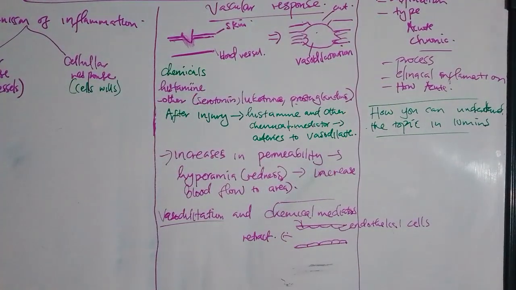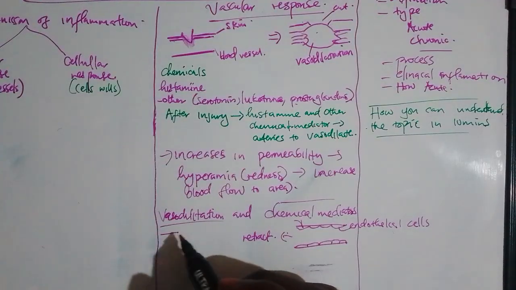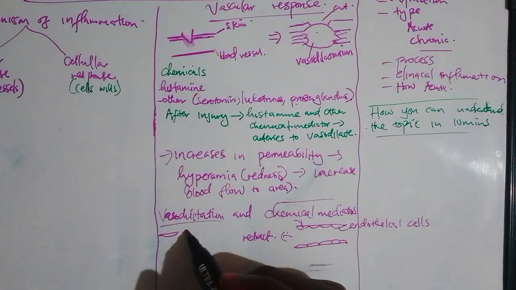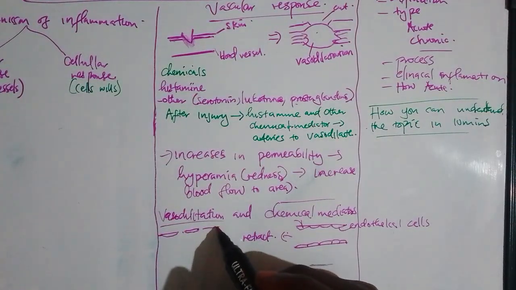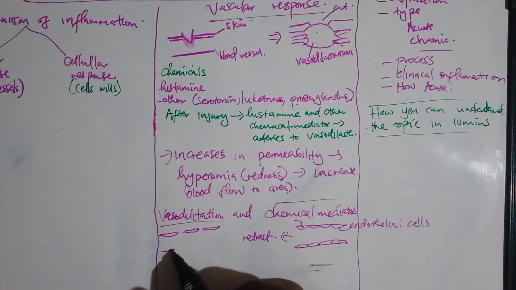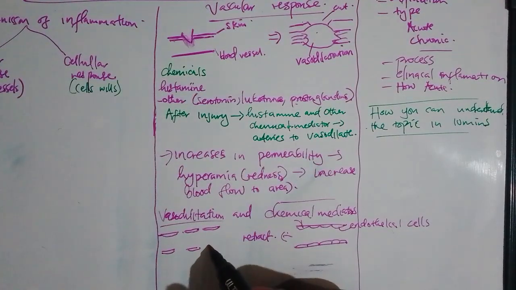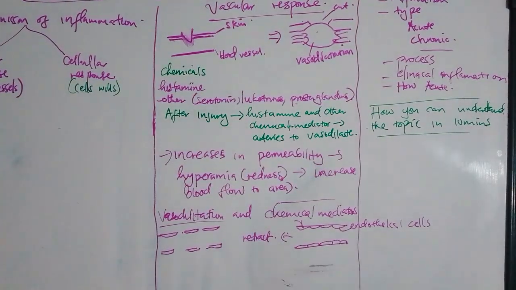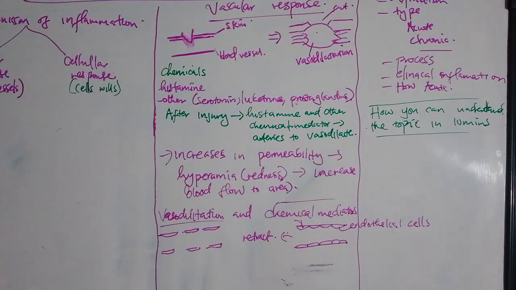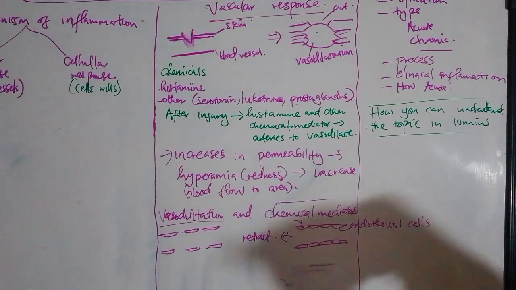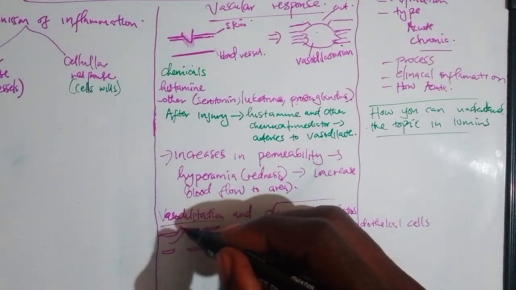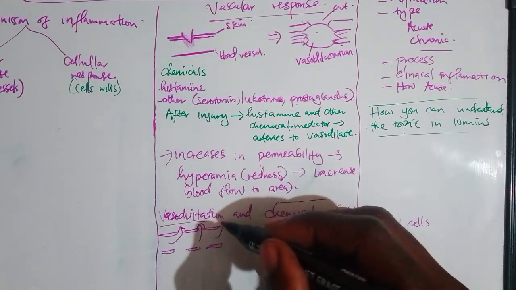Once they retract, they will start leaving spaces in between the cells of the blood vessel. Once these spaces have been made, it will allow the movement of fluid from the blood vessel outside.